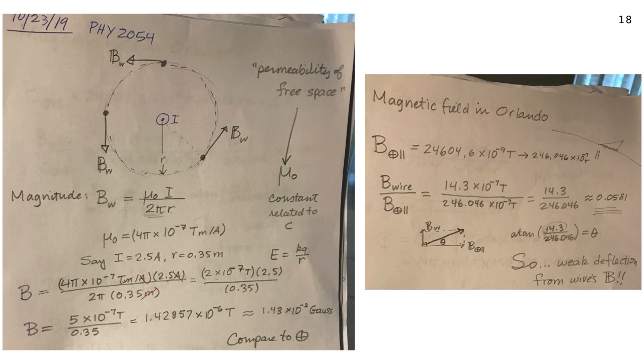Okay, the 10 to the minus 7 Teslas cancel. So you're looking at 14.3 divided by 246.046. And that is about 0.0581. Can you verify that for me? And, you know, I'm going to do the same.